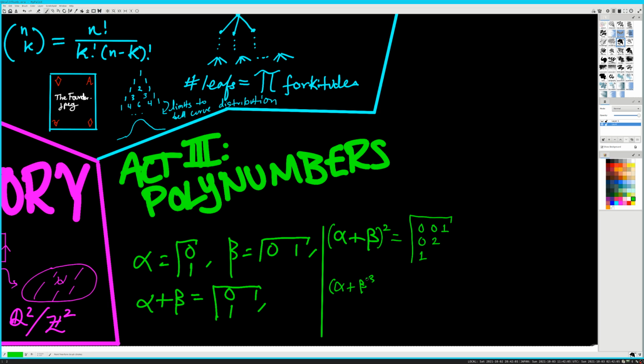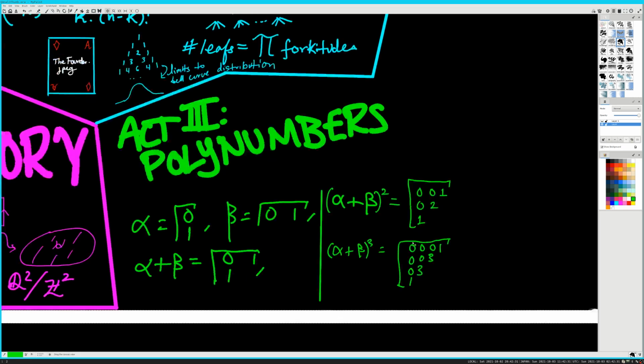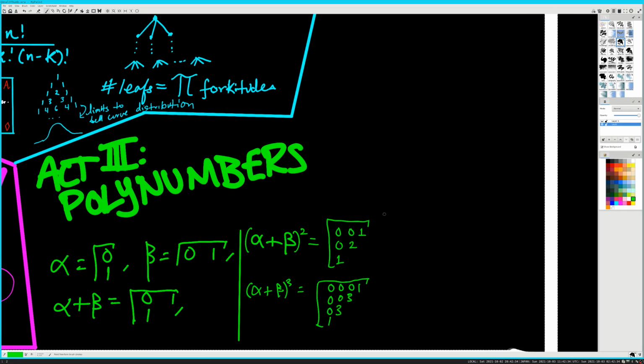We can just read this off of the, this is equal to 0, 0, 0, 1, 0, 3. That's right. Pascal array.